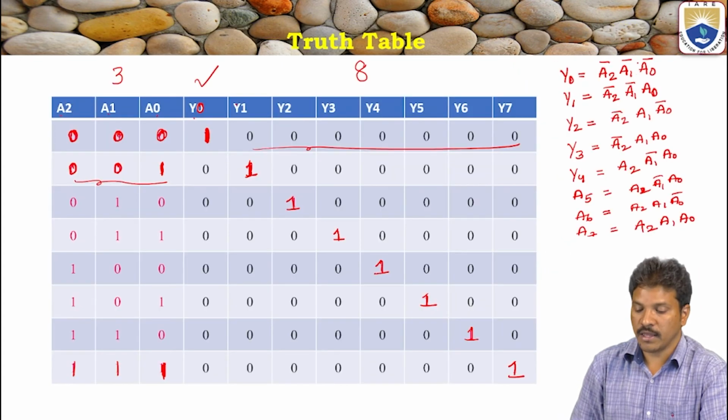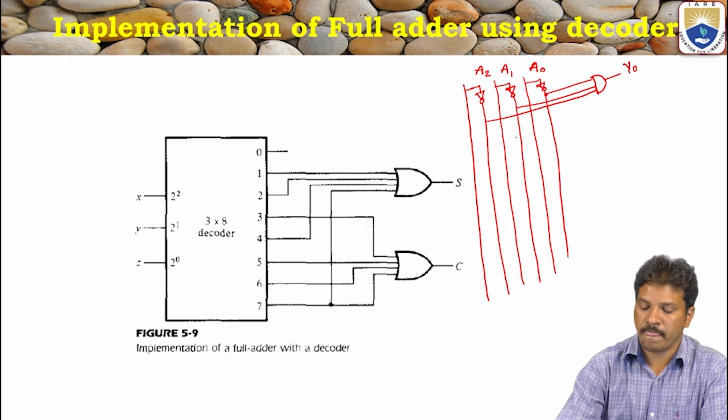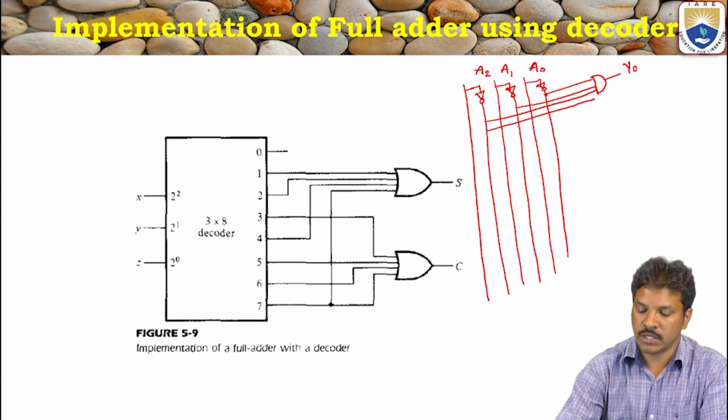Likewise, we can draw the diagram. For Y1, A2 bar, A1 bar, A0: 0, 0, 1. Take the AND gate, like Y1.